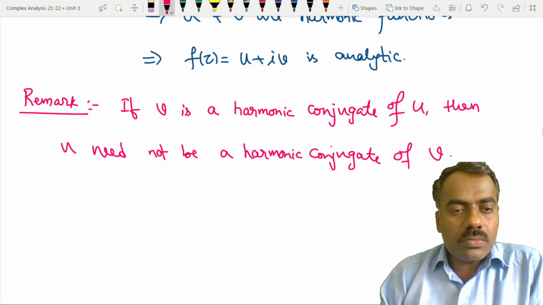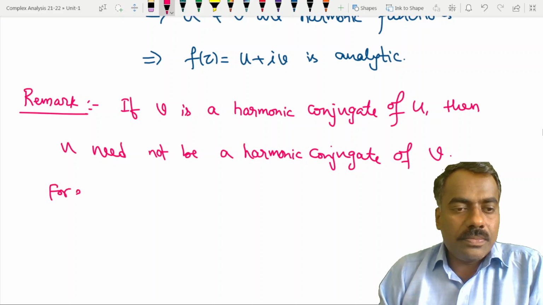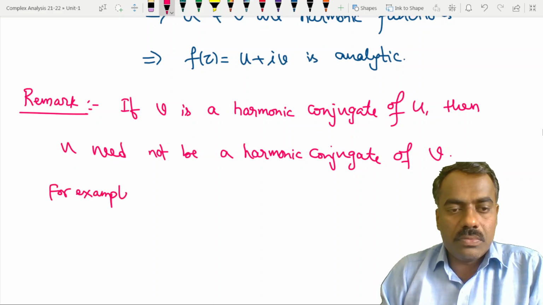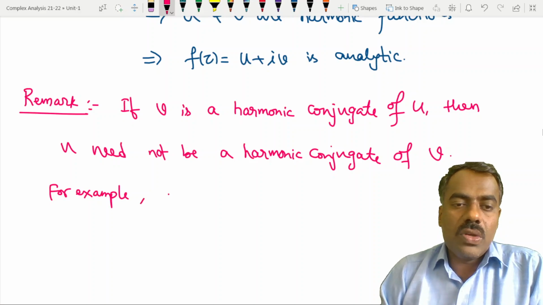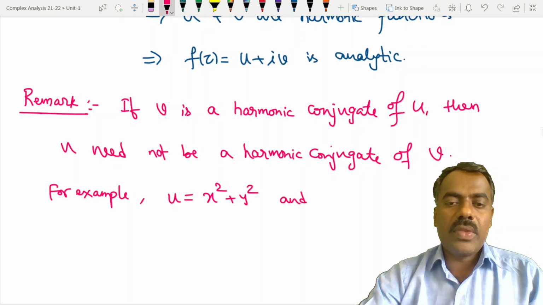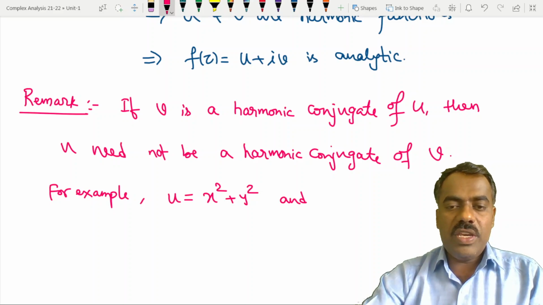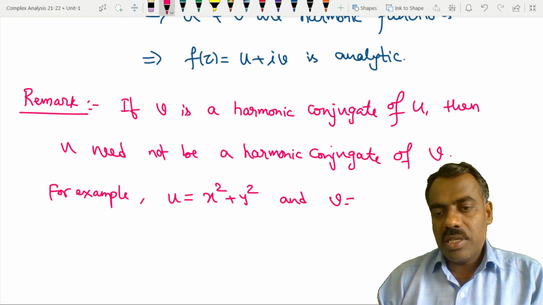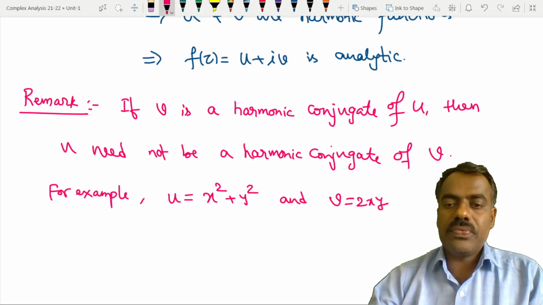For example, you take U = x² + y², okay, and V = say 2xy.